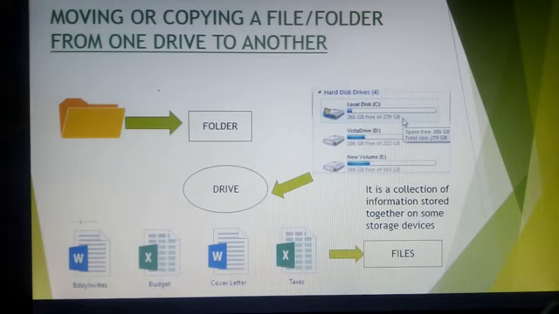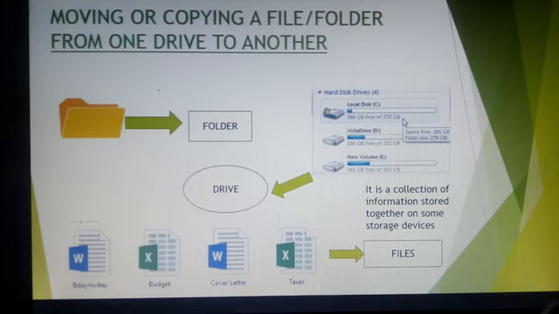So moving or copying a file or folder from one drive to another. Before that, we will learn what a file is and what a folder is. A file is a collection of information stored together on some storage device. Whatever information you want to write in your computer system is stored in files.